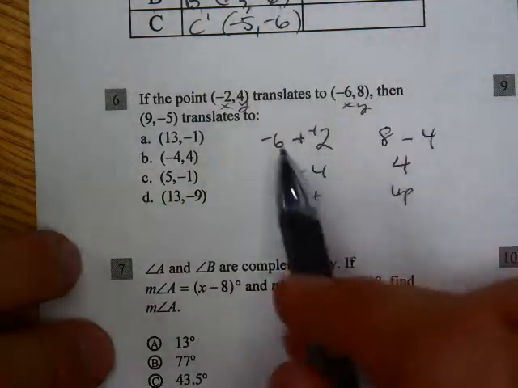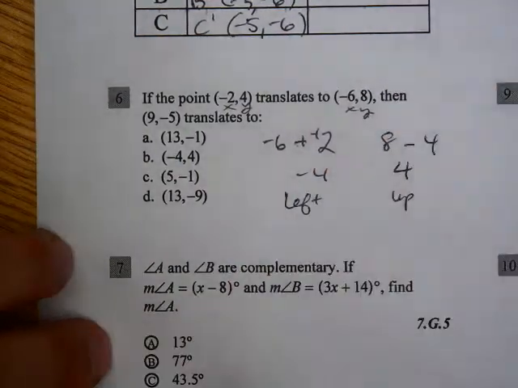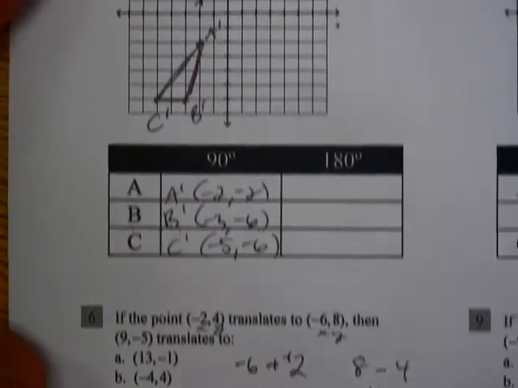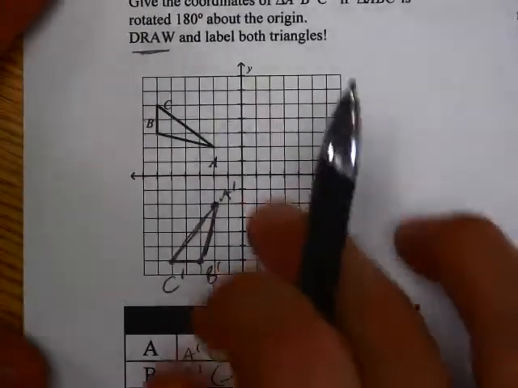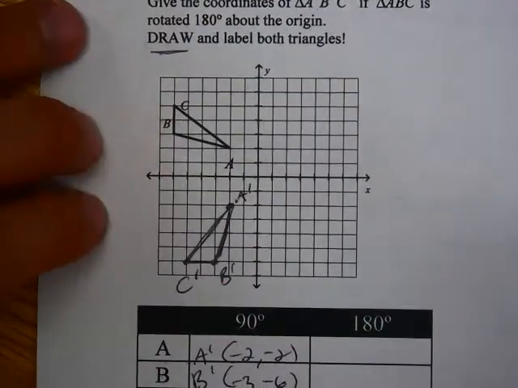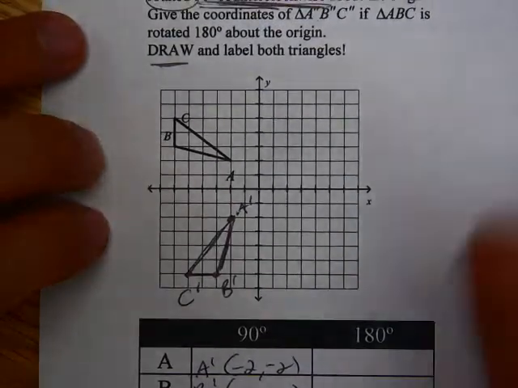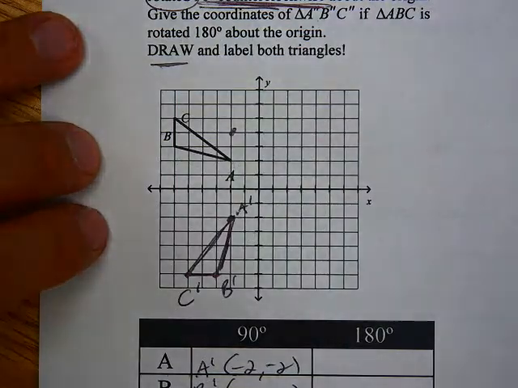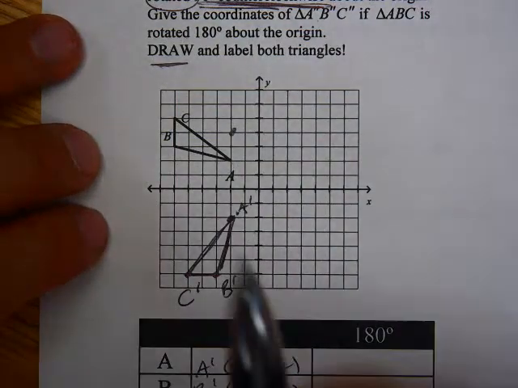Now, if that's confusing, if you don't remember how to do that, chances are on your test or your quiz, you're going to have a graph somewhere, like this graph here that you worked on earlier. So if you graph those points, negative 2, 4, and by the way, you can do this just on a piece of graph paper too. Negative 6, 8.